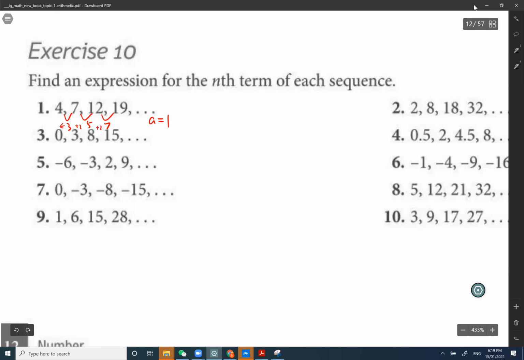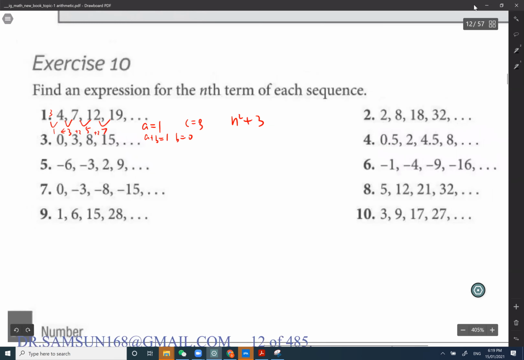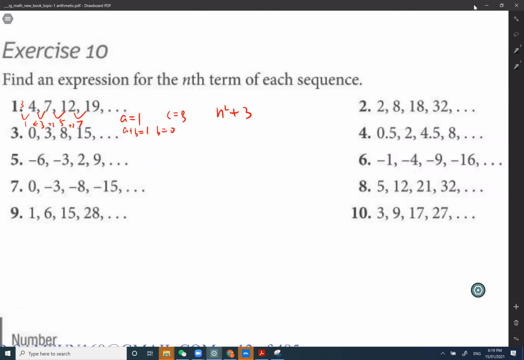The previous one is 1. a plus b equals 1, b equals 0. The previous one is 3, c equals 3. So the answer is n squared plus 3. That's the first one. Try the others. Quadratic: find the difference, and then find the difference of the difference.